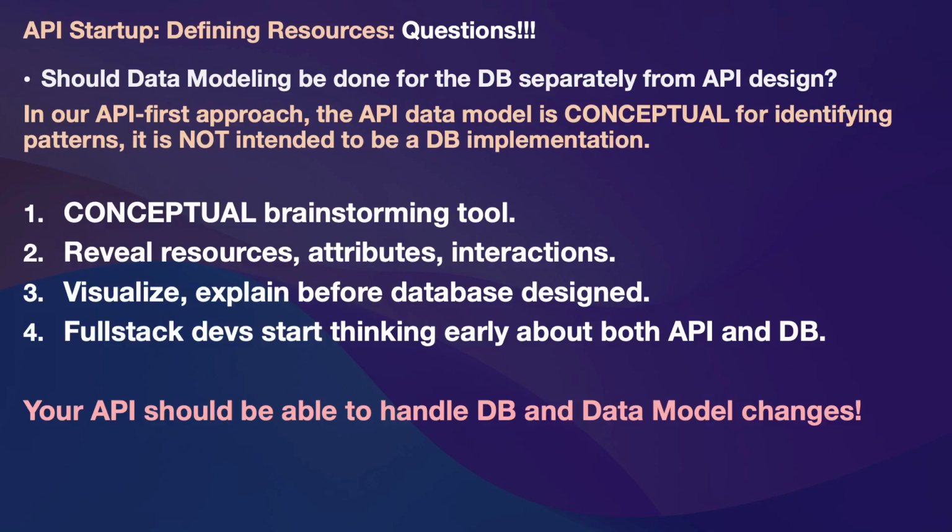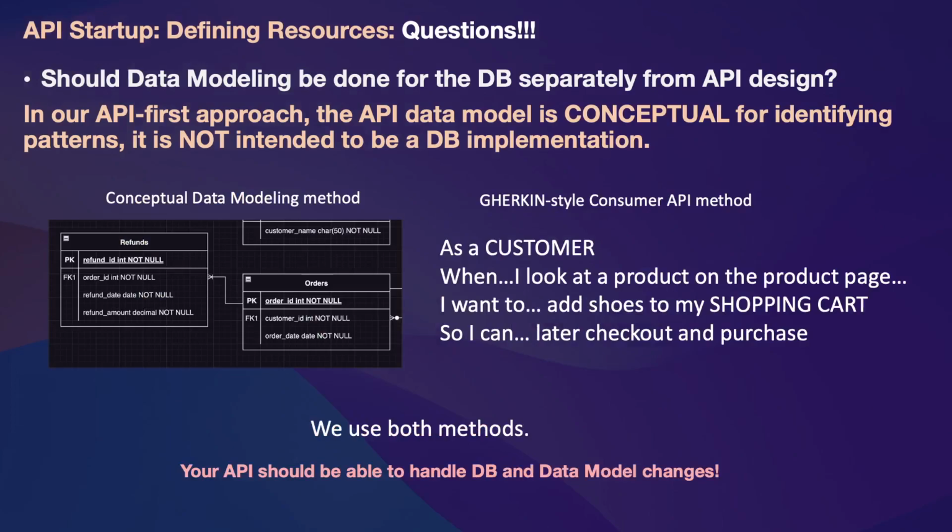However, the type of data model diagram we're doing here is called a conceptual data model, which is not intended as a final database implementation. This is a brainstorming tool for identifying resources, attributes, and potential future data patterns for planning. In the next video, we'll use a different consumer API approach for constructing API paths. We're using both methods.